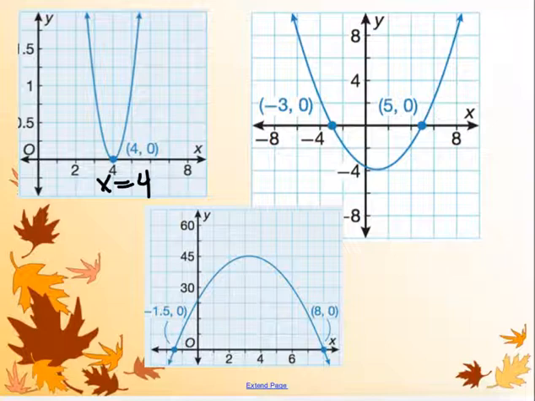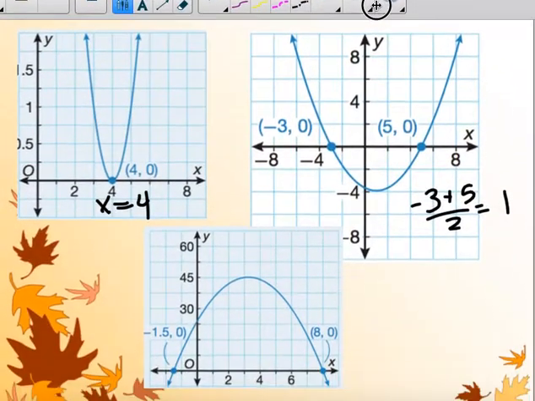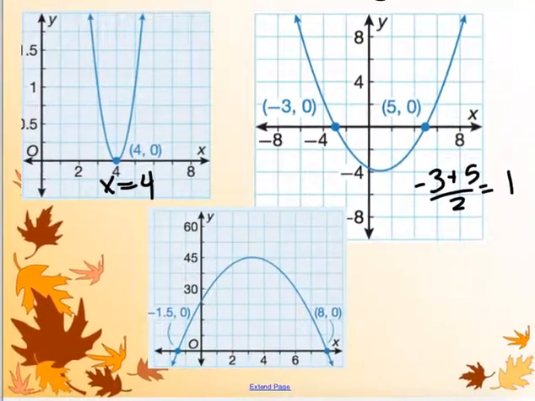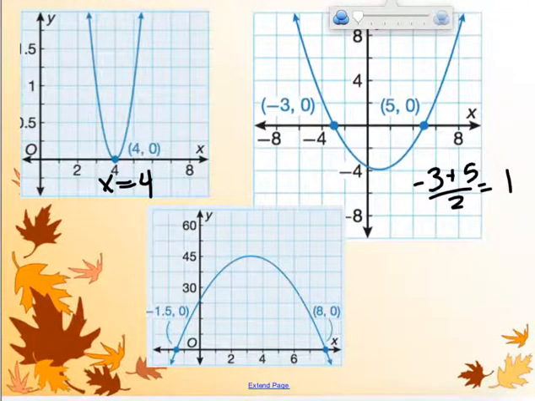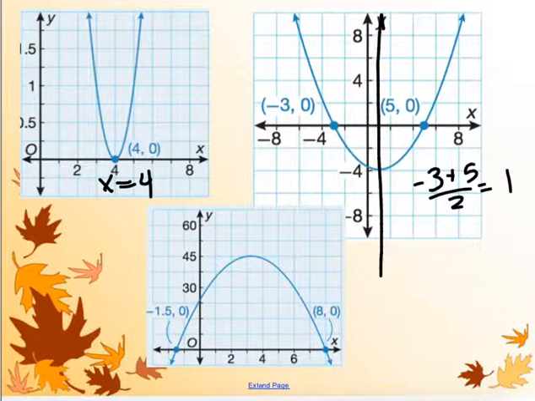This one on the right side is a little bit harder to see, but we can average my two x's. So -3 plus 5 divided by 2 is 2 over 2, or just 1. So my axis of symmetry, oops, sorry about that. All right, my axis of symmetry here is just at x equals 1.